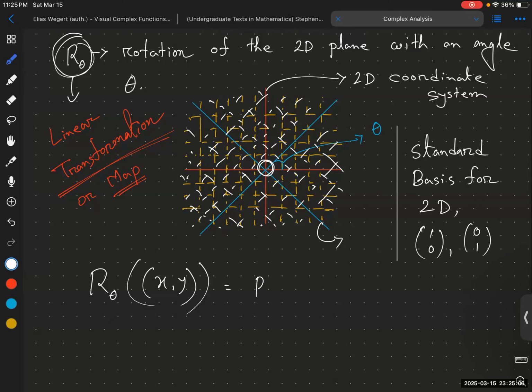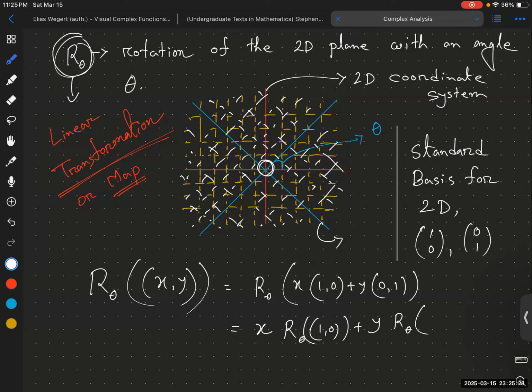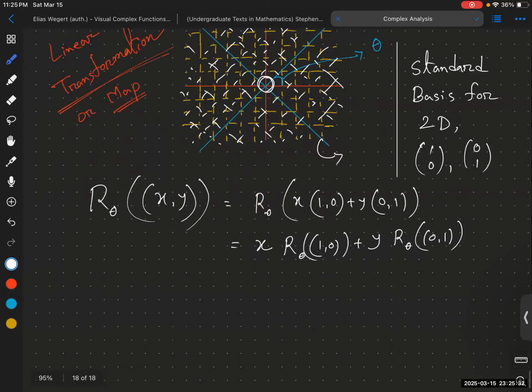So R theta of x times (1, 0) plus y times (0, 1), and as this is a linear transformation, it is x times R theta (1, 0) plus y times R theta (0, 1).